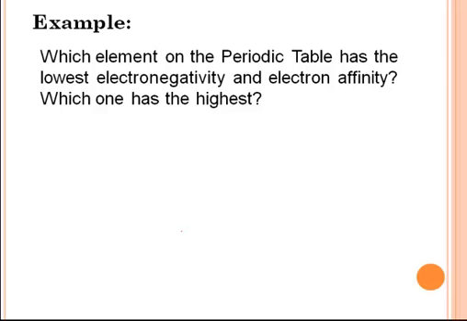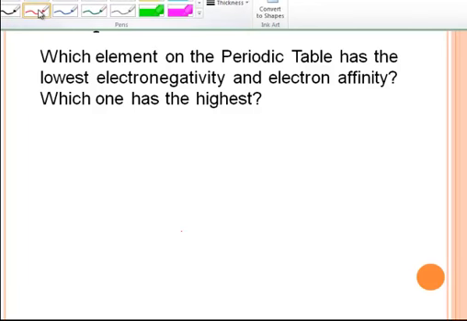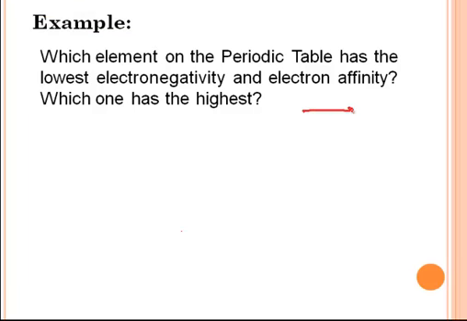Now I'll ask a question very similar to the one in the last section. Which element on the periodic table has the lowest electronegativity and electron affinity? As we said before, we talked about the general trends: this is increasing due to decreasing size, and this is decreasing due to increasing size. So the element that has the lowest electron affinity will be in this region.